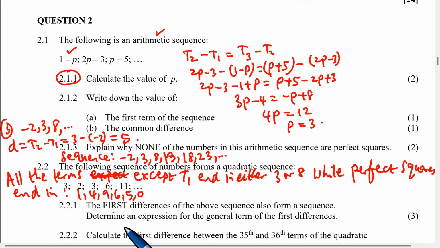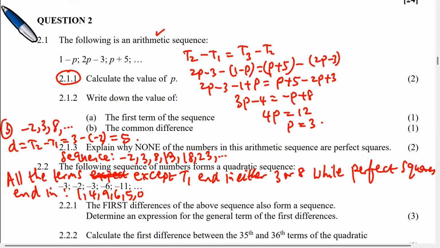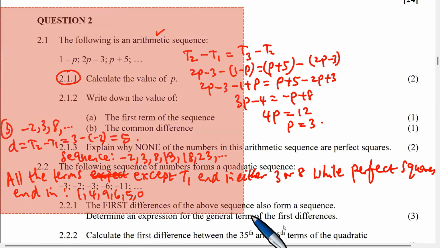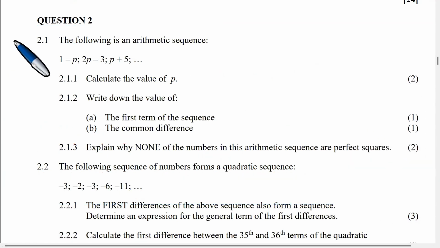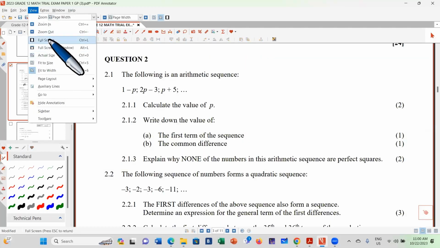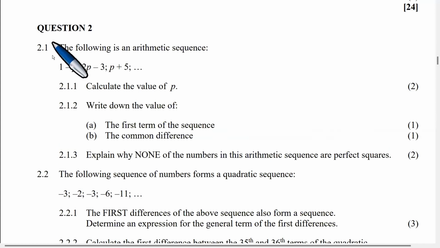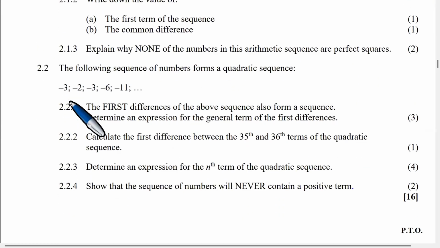Right, so what I will do is clean the board up because we have solved up to 2.1.3, then we're moving to 2.2. We have the following: the following sequence of numbers forms a quadratic sequence.